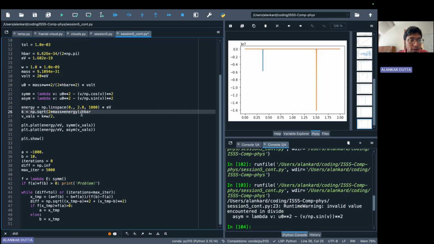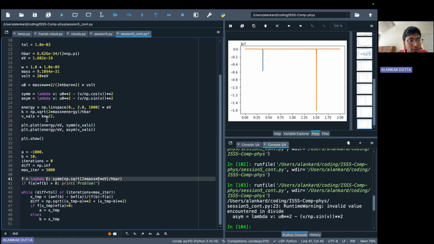So we know that energy will be in electron volts. So E times EV, sorry, this will convert your energy to electron volts, right? And then we know this is our K, so we are passing this as K. And for energy, we are going to replace this with the energy E in electron volts, right?